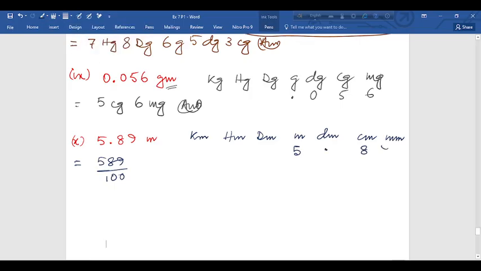This is 8 and 9. 5 meter, 8 decimeter, and 9 centimeter. Okay.